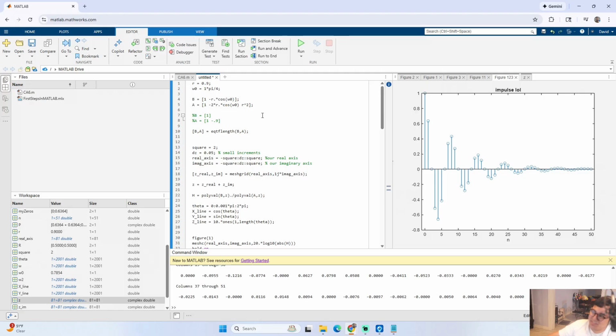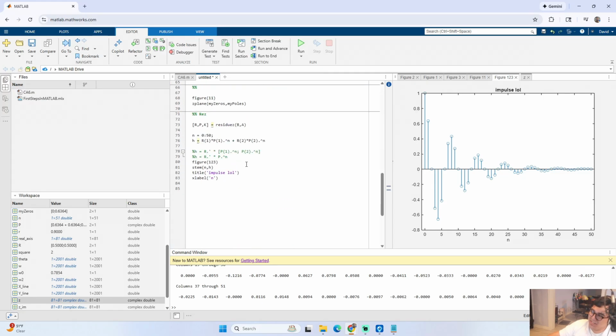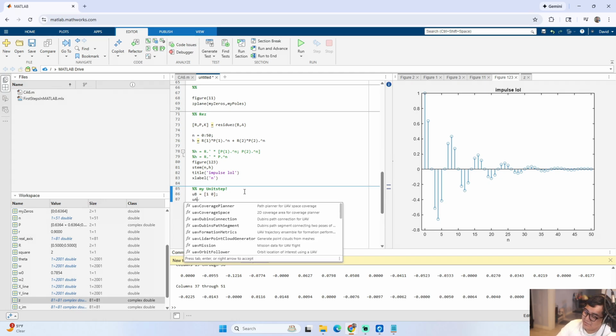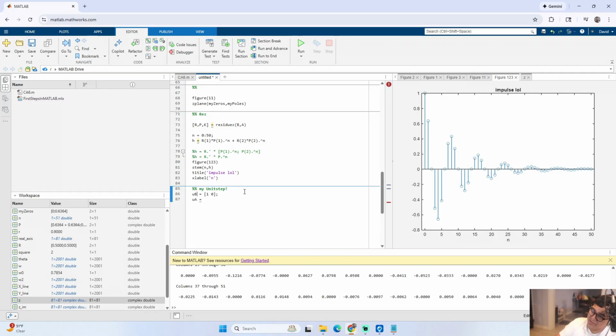We're just convolving this with our unit step, all right? So here's our unit step. My unit step, u of b is equal to 1, 0, right? U of a, okay, this is my denominator. Someone doesn't like me using numerator, I gotta be picky. 1 minus 1. Are you following along?